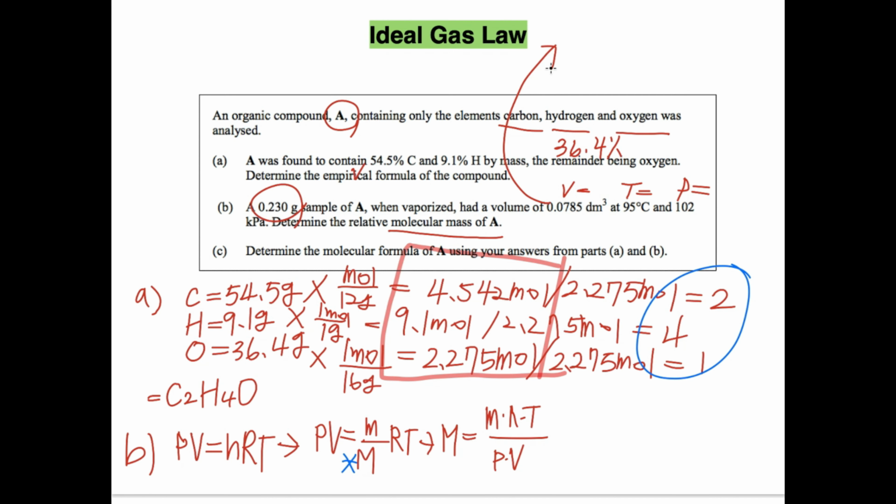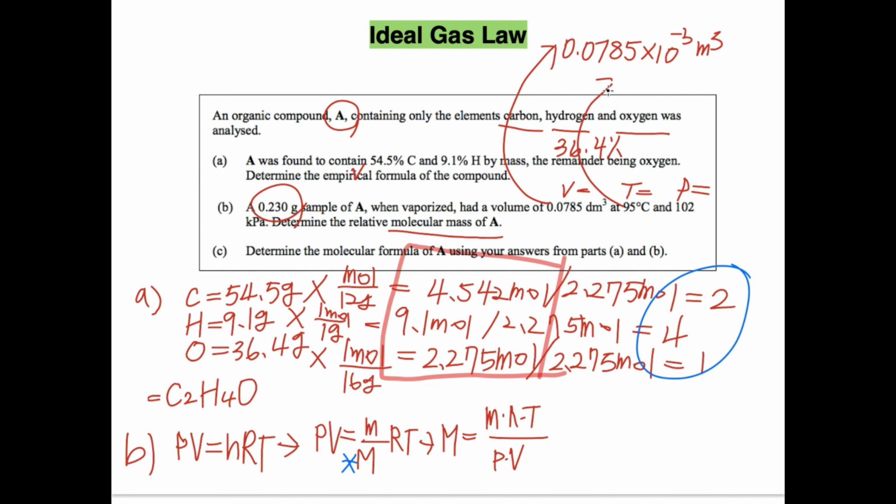But if you look at the previous slides, I said that the volume should be in meter cube. So I'm going to change this to meter cube. Because 1 decimeter cube is equal to 10 to the power of negative 3 meter cube, I can say that this value is going to be 0.0785 times 10 to the power of negative 3 meter cube.